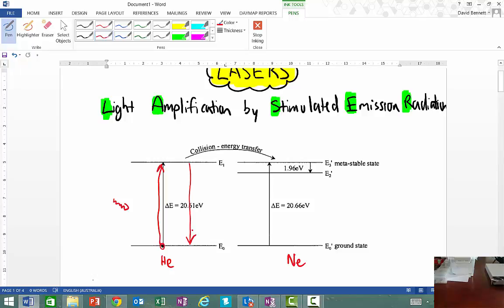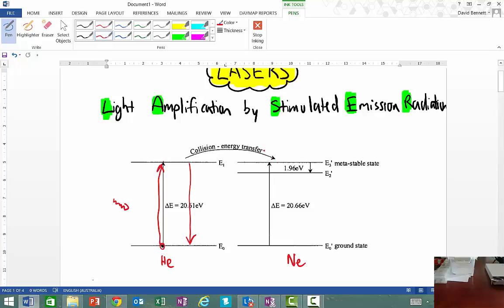In this case, because you've got helium and neon gas in the actual laser chamber, rather than falling down, as it falls down, it can hit a neon atom, and it can actually transfer all of its energy to the neon.